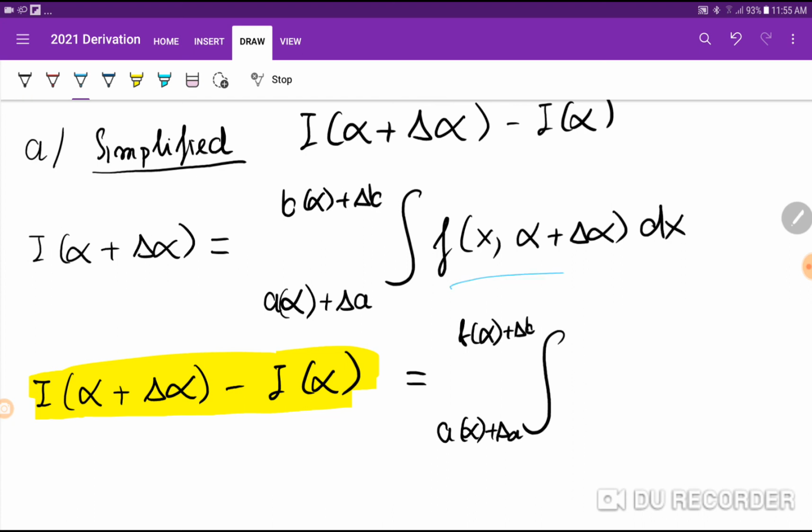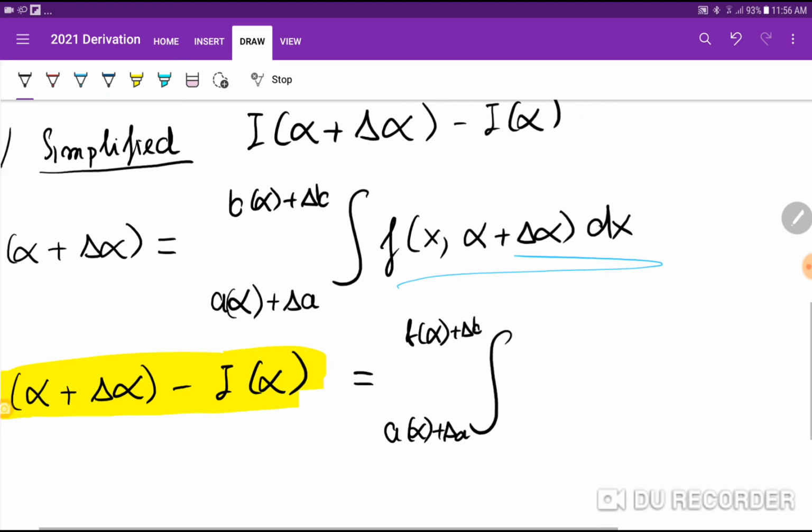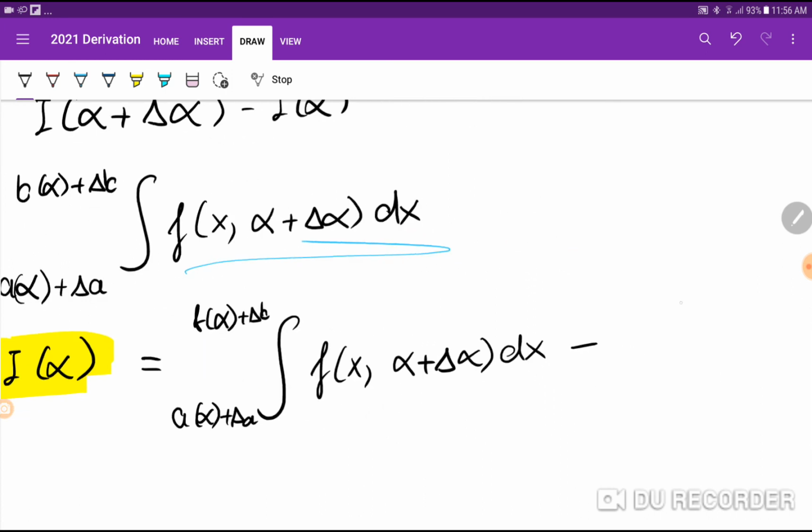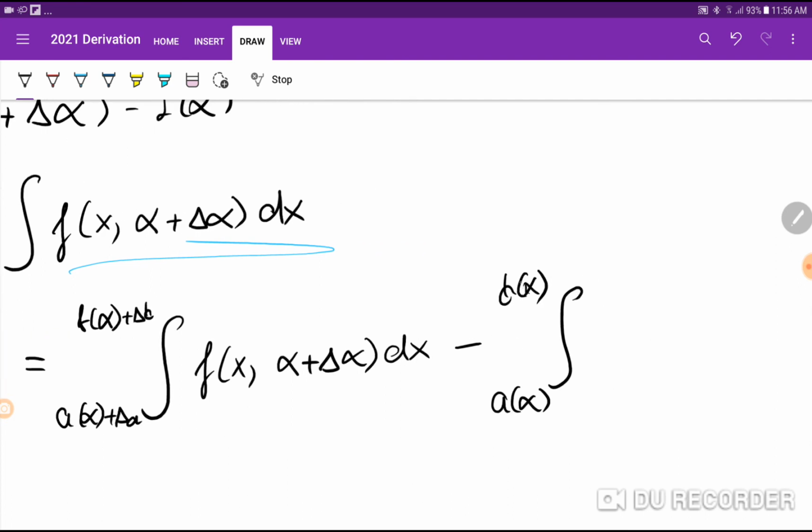Minus the integral from a(alpha) to b(alpha) of f(x, alpha) dx. Oh, alpha, it's not x, it's alpha. It's like a fish.